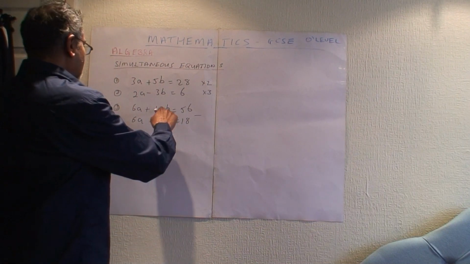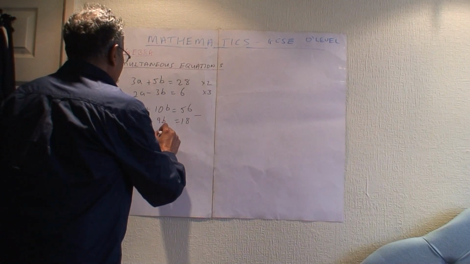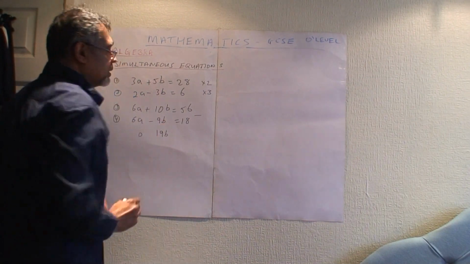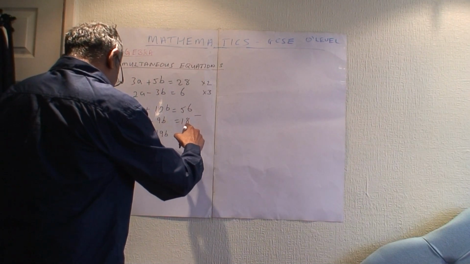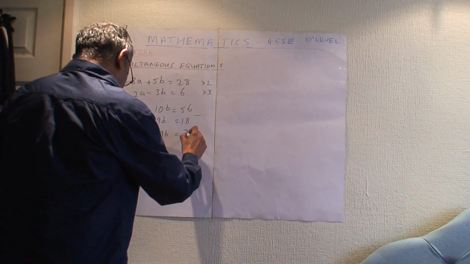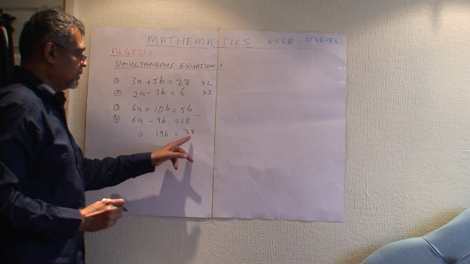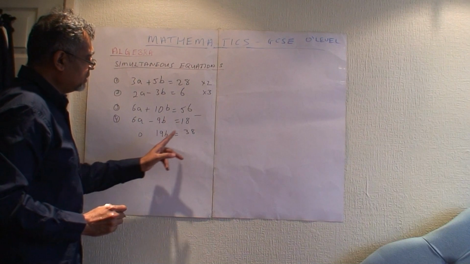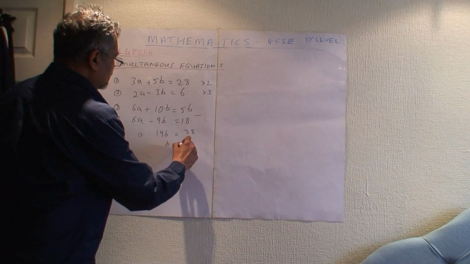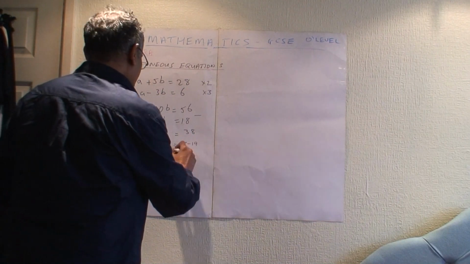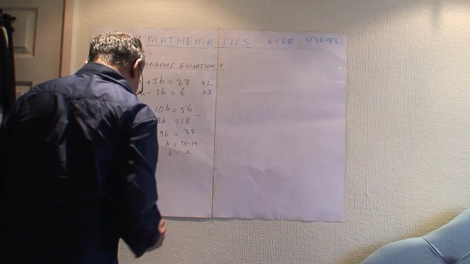So it's 10b add 9b, 19b. 56 minus 18, 38. So b, you divide both sides by 19. So that's 38 divided by 19. So b is equal to 2.